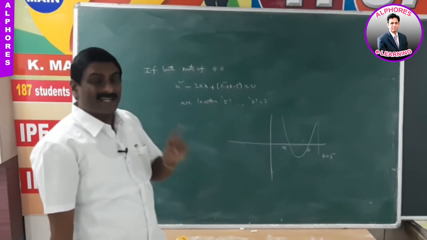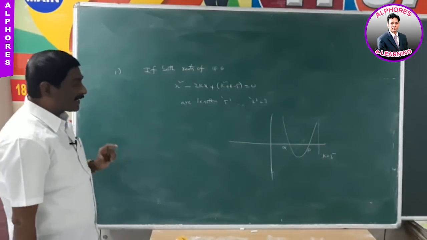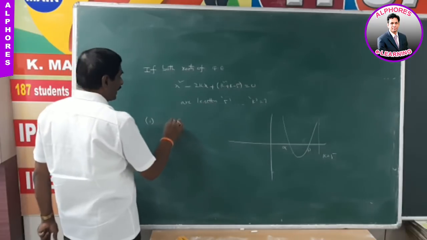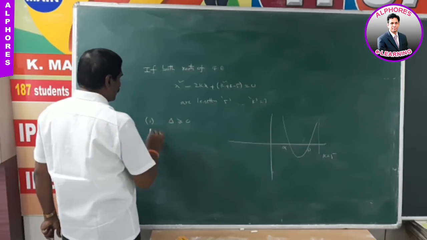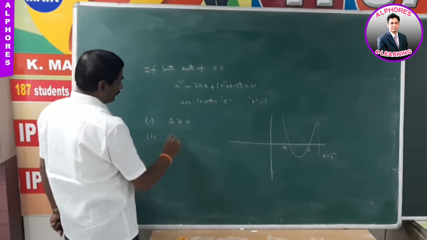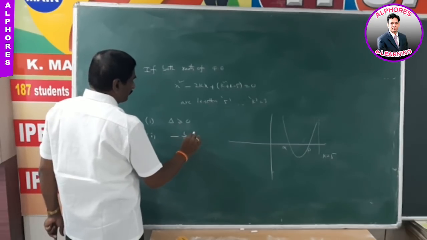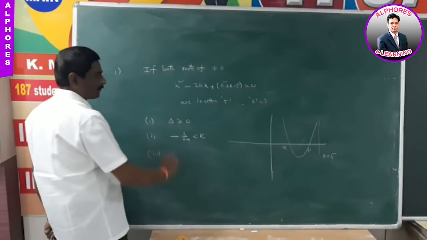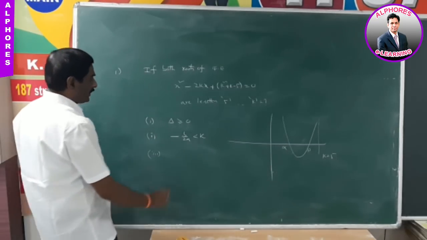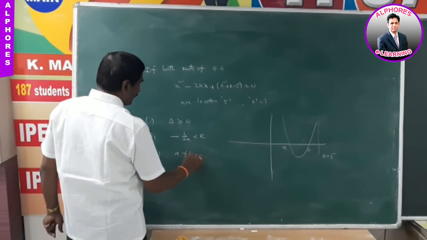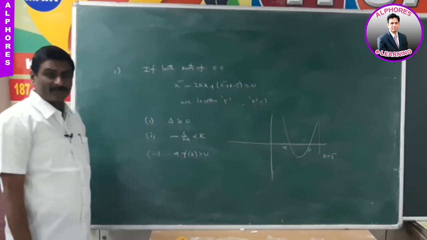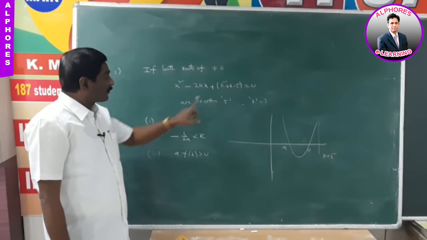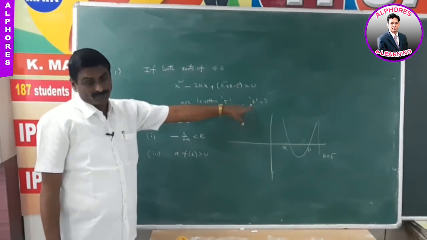If both roots are less than k, then it satisfies the conditions: delta greater than or equal to 0. Second one, minus b by 2a less than k. Third one, a into f of k greater than 0. These are the conditions. By using these conditions, we find the range of k.